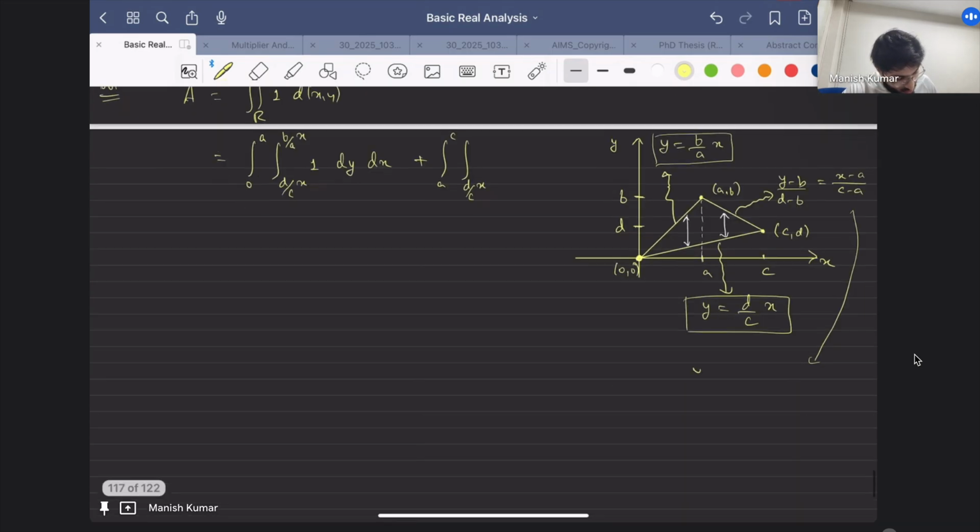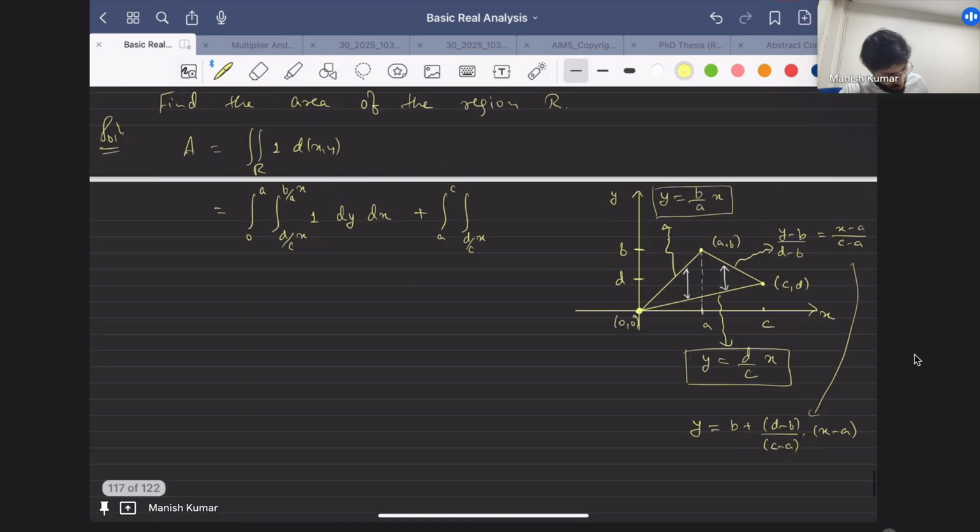This can be written as y equals b plus (d minus b upon c minus a) into (x minus a). Again, integration with respect to y and then with respect to x. So this is how we can write this, correct?